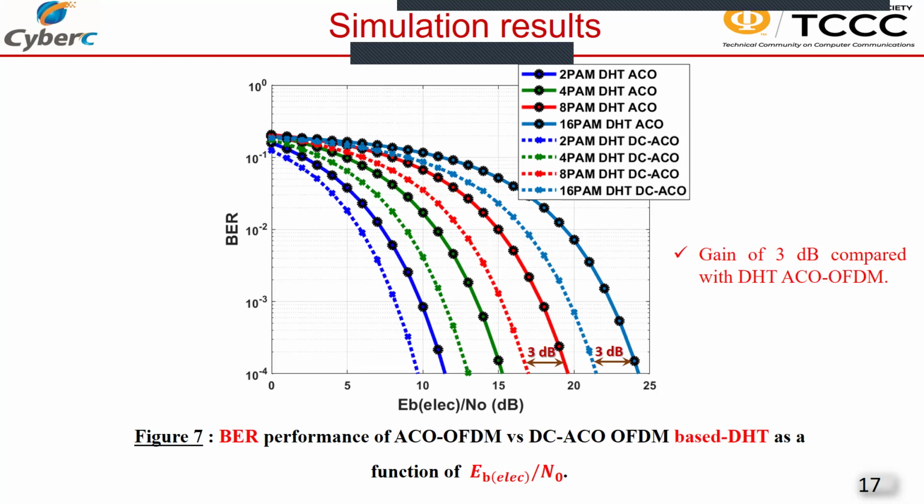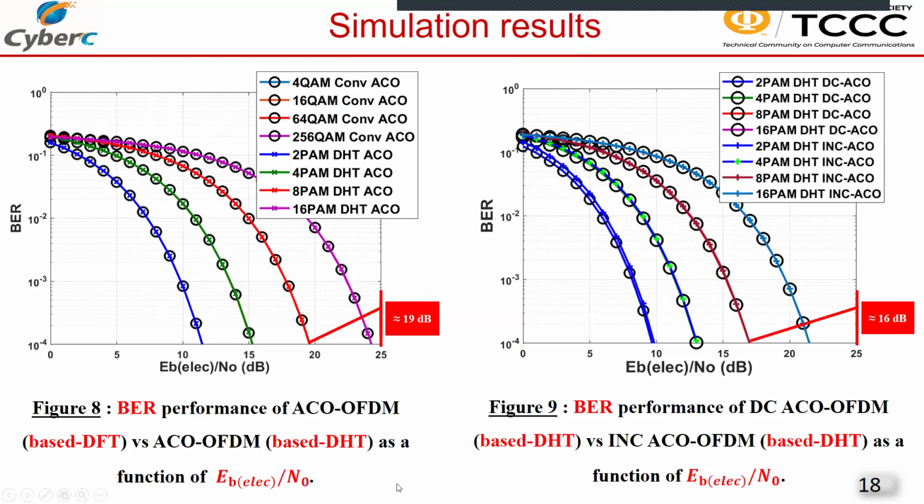It can be seen that diversity combined ACO-OFDM can offer an approximately 3 dB gain in SNR compared to ACO-OFDM at a fixed BER and constellation size. This results from the improved demodulation offered by diversity combining methods in the presence of noise and DC offset.